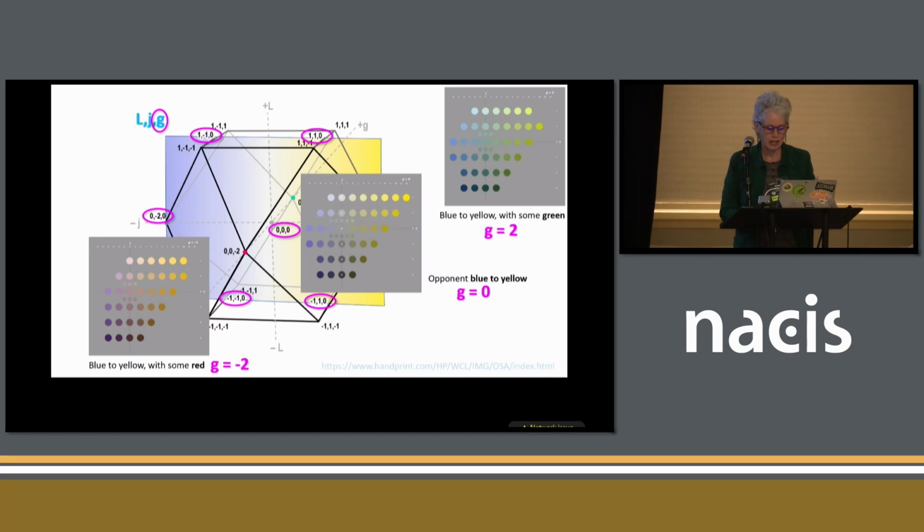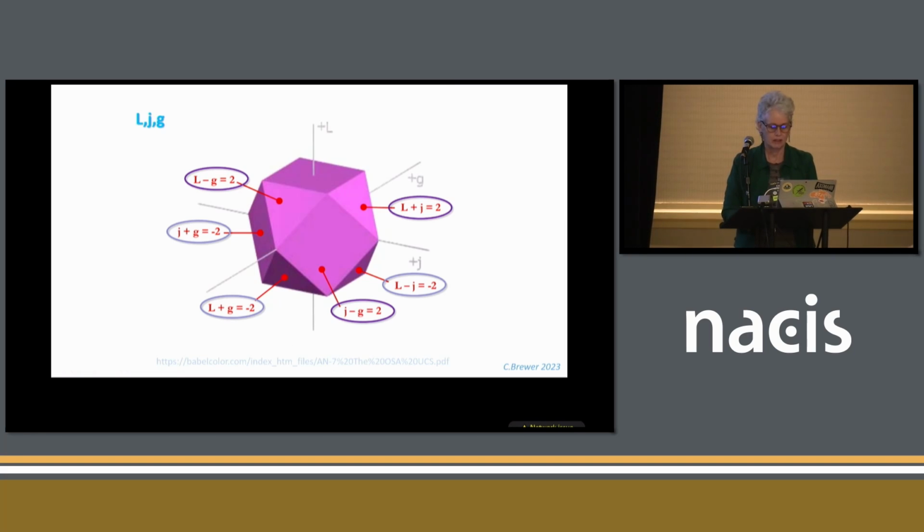So you slice that. Here's slices at -2, 0, and +2. You can see the colors change through there. So you're going blue, yellow, adding some green, adding some red as you move through that lattice. And there are 6 directions for these slices.